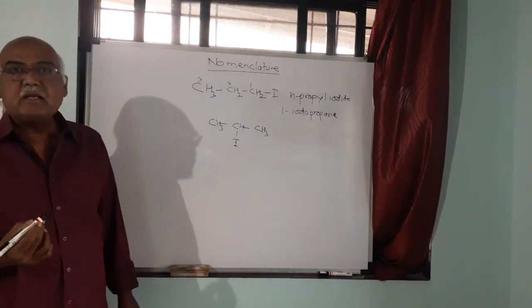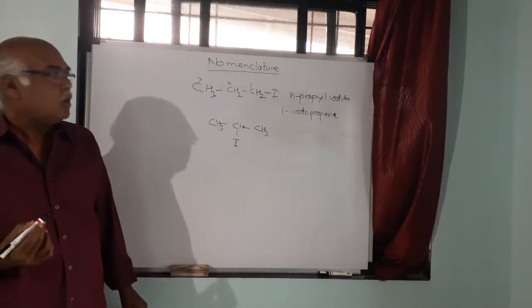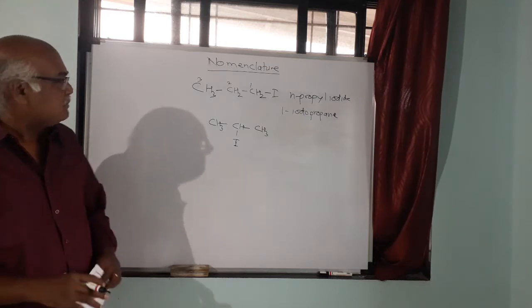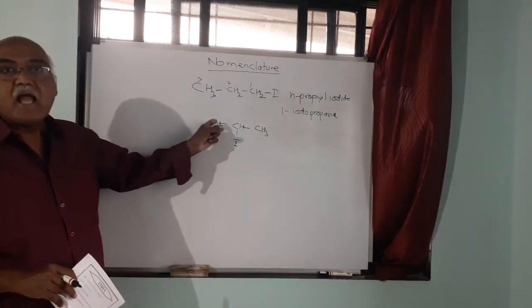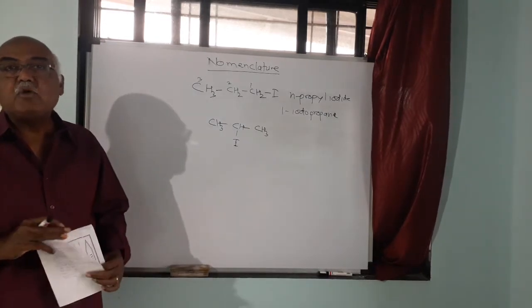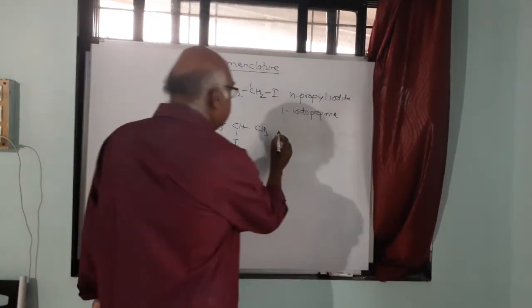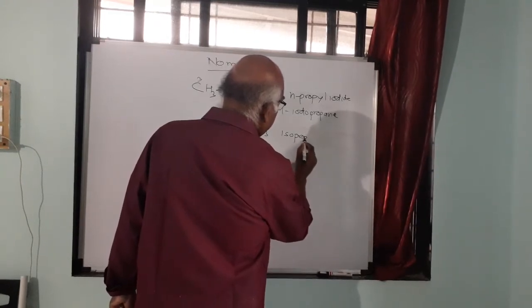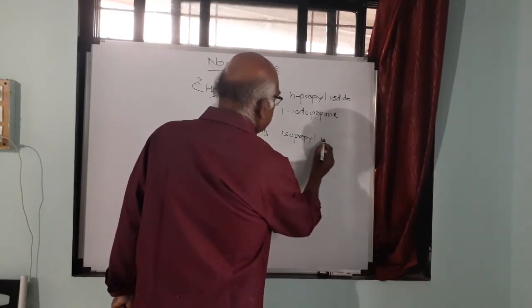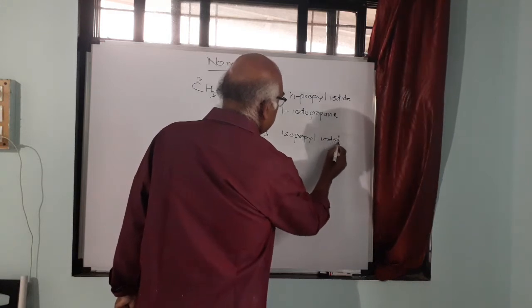Again there are three carbon atoms, so this will be a derivative of propane. This particular group is called the propyl group, but this propyl is isopropyl or secondary propyl group. So the name will be isopropyl, and then the halogen atom is iodine, so isopropyl iodide.